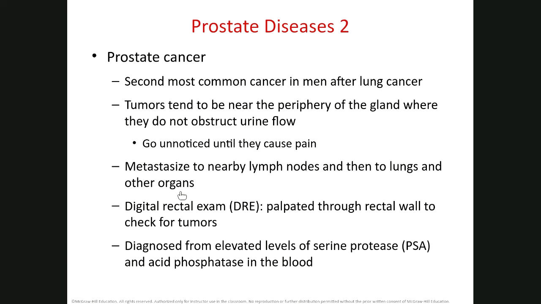Prostate cancer, another clinical event that can happen here, is the second most common cancer in men after lung cancer. Tumors can tend to be at the periphery of the gland, and they may not be creating a problem until they cause pain, but they can metastasize or spread through nearby lymph nodes to the lungs and to other organs.